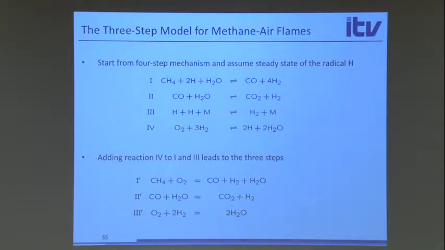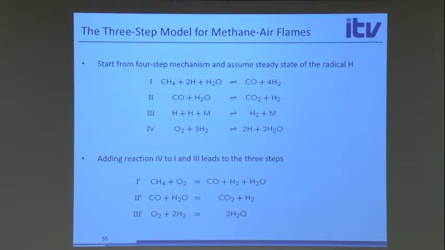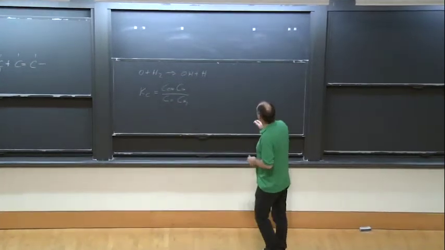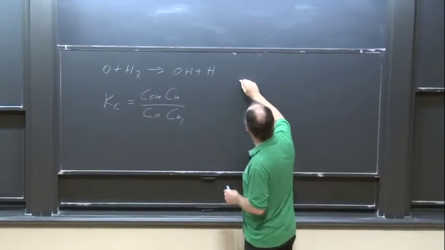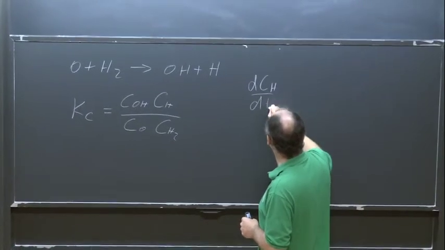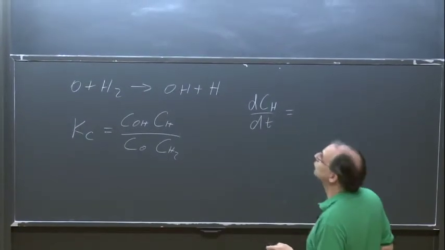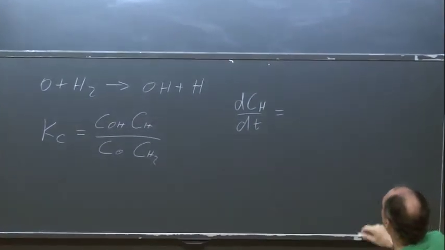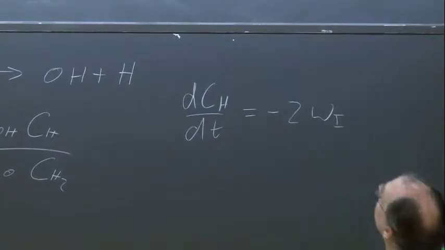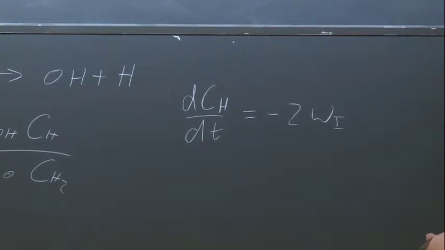What's interesting now is that from the 4-step mechanism, I can ask: what is the rate of change of the hydrogen radical? dC_H/dt is equal to minus 2 omega 1, and then where do I have hydrogen radicals?